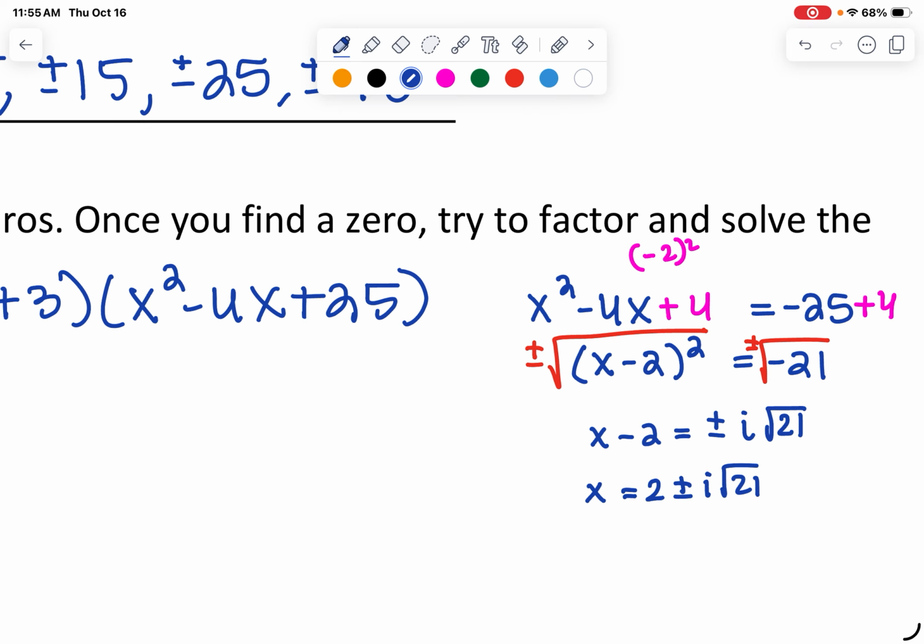Okay, so now I have my 3 solutions. x equals negative 3, and x equals 2 plus i root 21, and x equals 2 minus i root 21. Now look at the directions. What does it ask me for? If it asks me for real or rational, it's just this. But if it asks me for just solutions, I have to give them all. If it asks me for complex solutions, I have to give them all. So let's see.